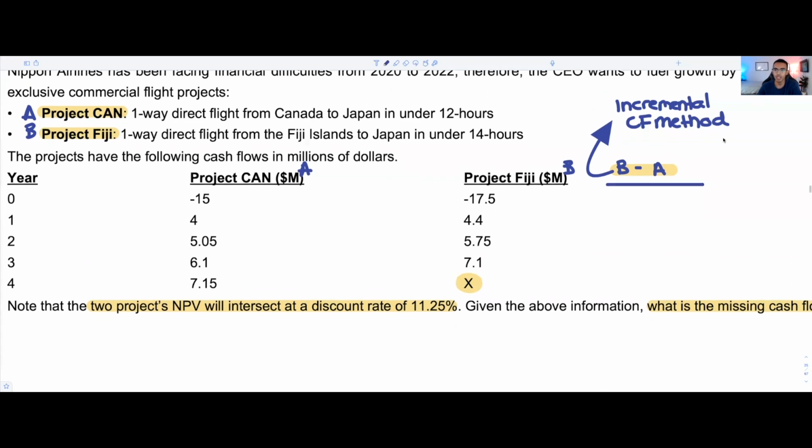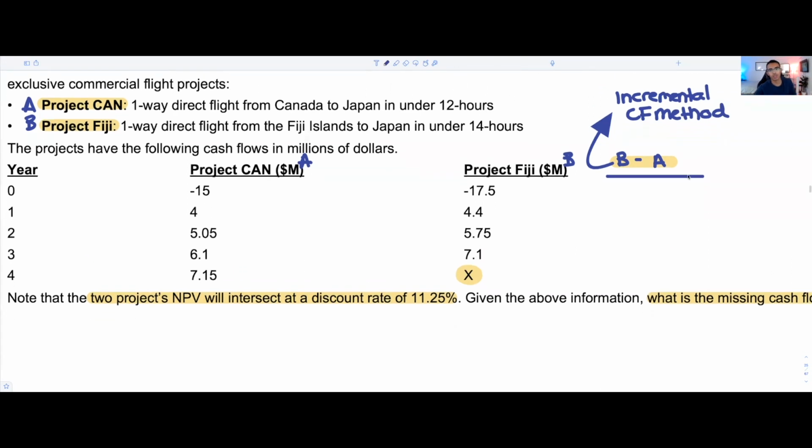Okay. So what's awesome here is that we're just going to find a difference between every single one of these cash flows. Now, B minus A for year 0 is going to give you minus 0.25. B minus A for year 1 is going to give you 0.4. B minus A for year 2 will give you 0.7. B minus A for year 3 will give you 1.